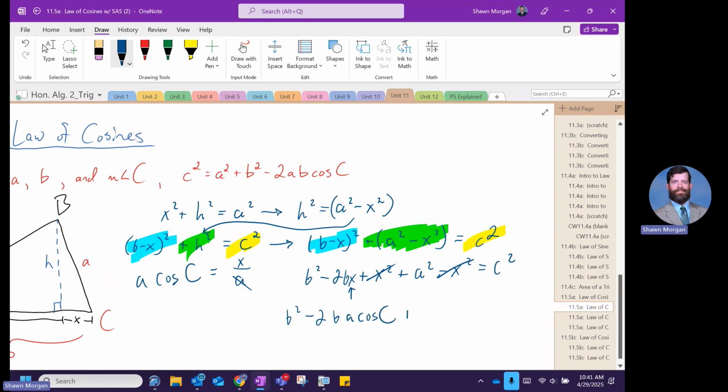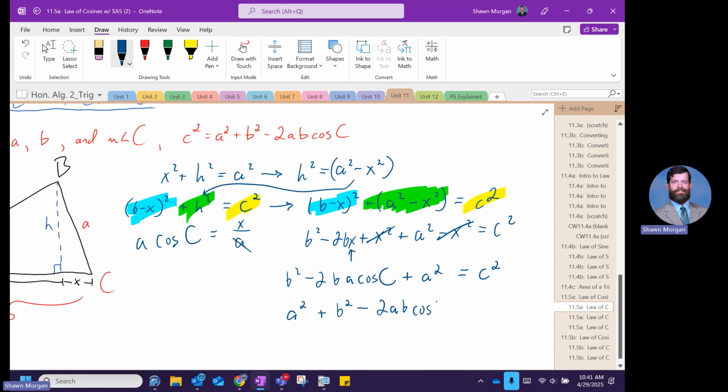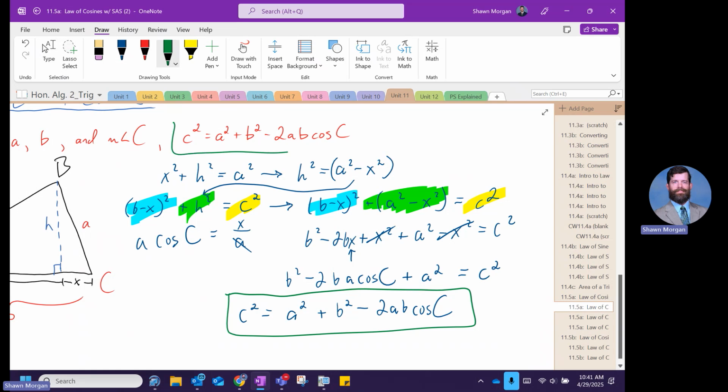It's coming together. Equals c squared. What's x say? Okay, so can we maybe clean this up a little bit? We got a squared plus b squared minus 2ab cosine of big C, and I'm going to put little c squared over there. And it looks like we've got what we wanted, thanks in no small part to the internet.